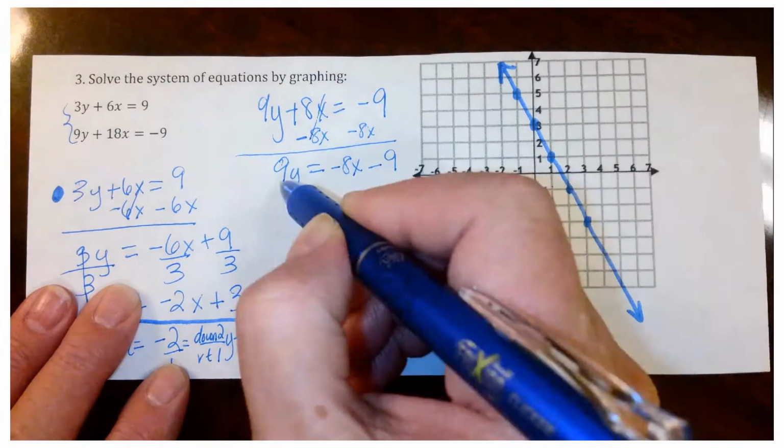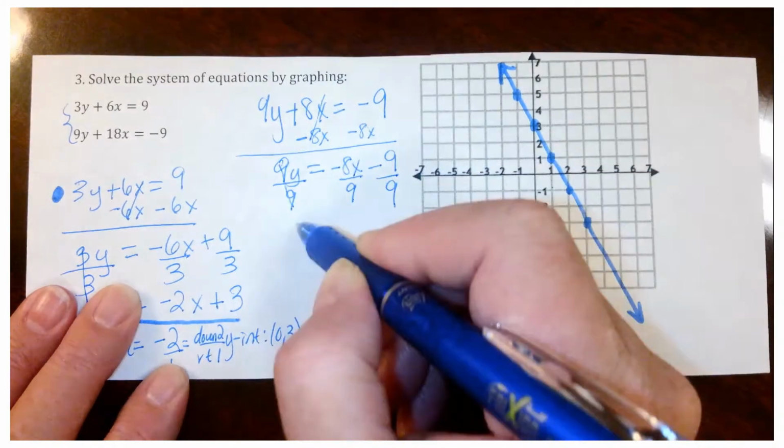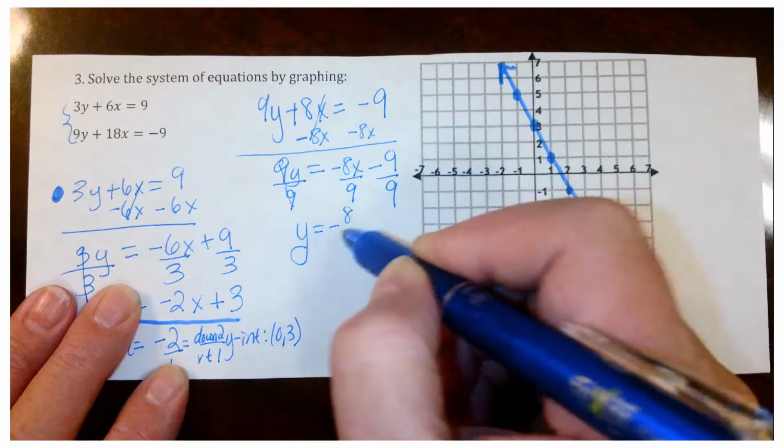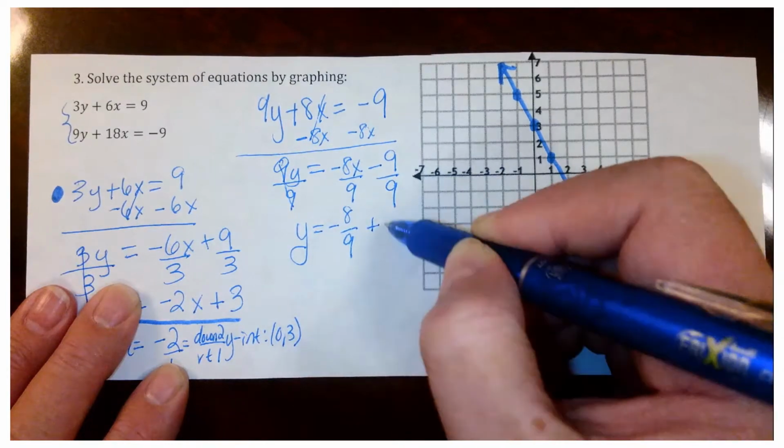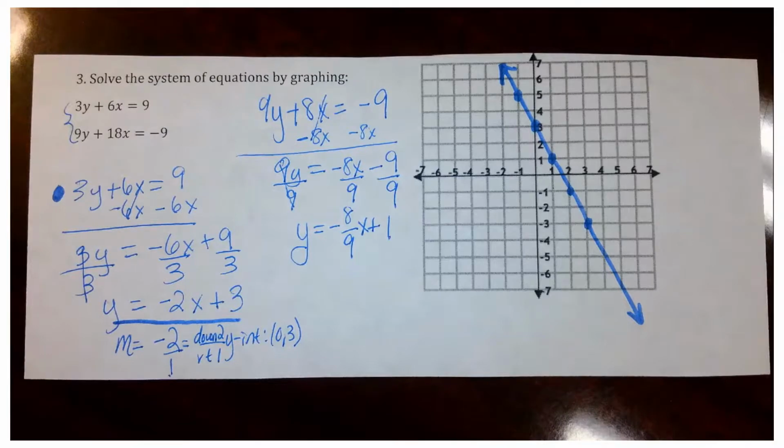And then divide by 9. So this gives me y equals negative 8/9 plus 1. Oh, I forgot my x there. Negative 8/9 x plus 1.